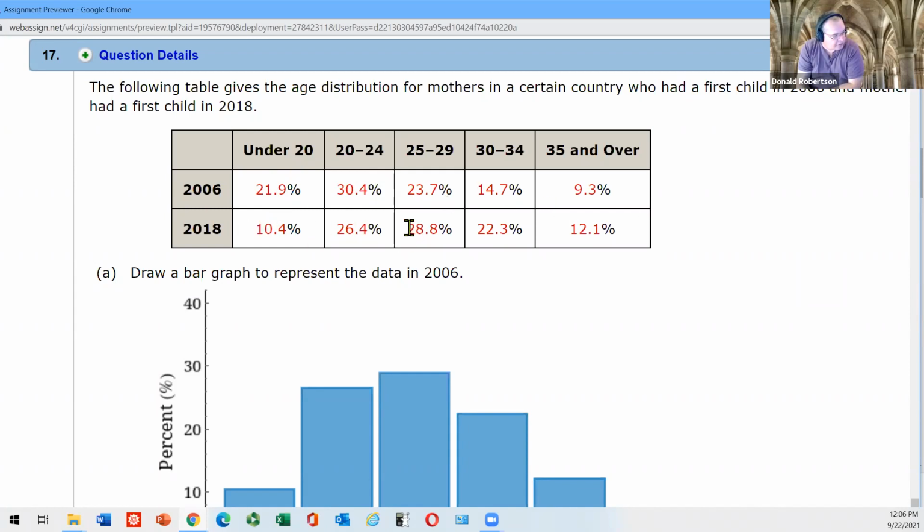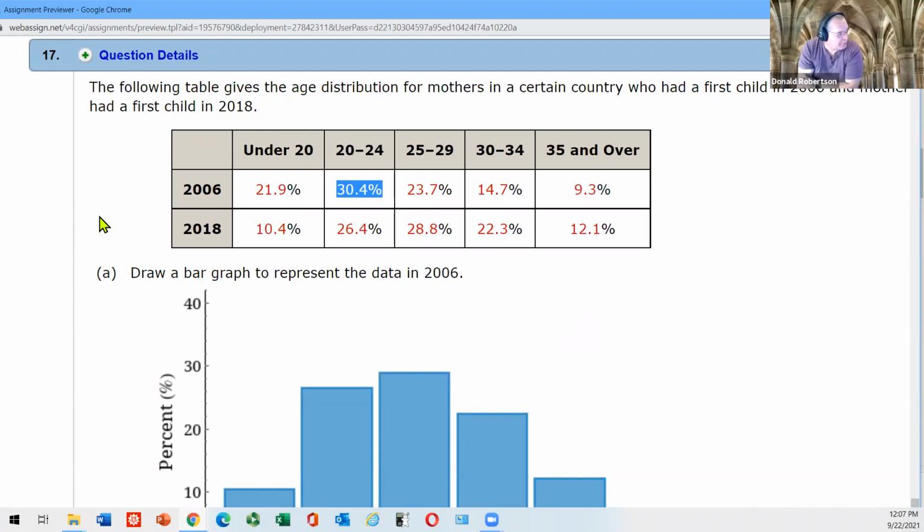In fact, isn't that age group the most common age group in 2018 to have a baby for the first time? And over here, it's a bit younger. Would you agree there's a reasonable amount of evidence that women in this country, at least, in 2018 are waiting longer to have their first child?